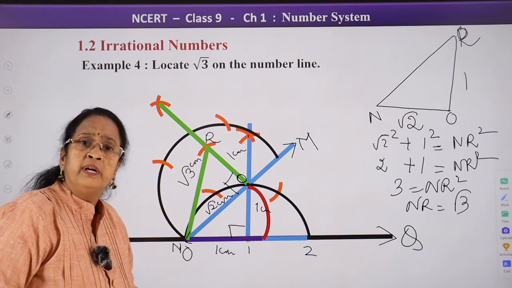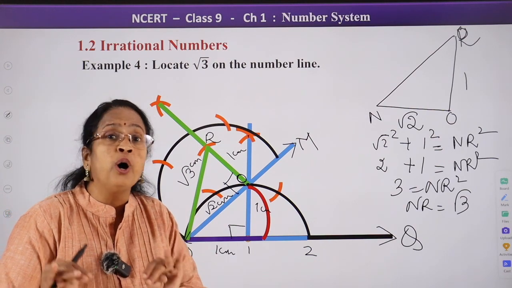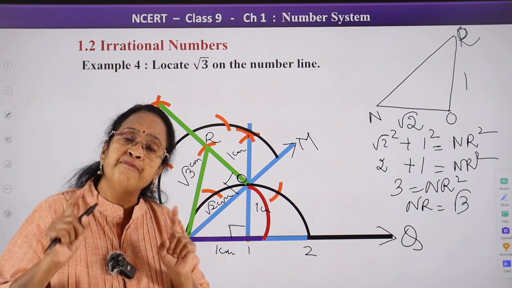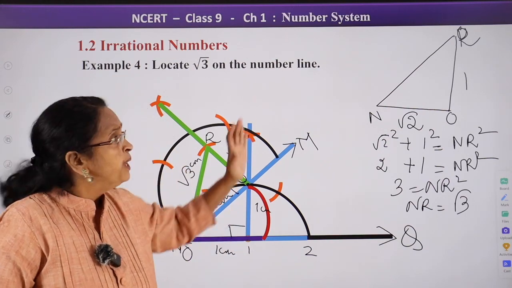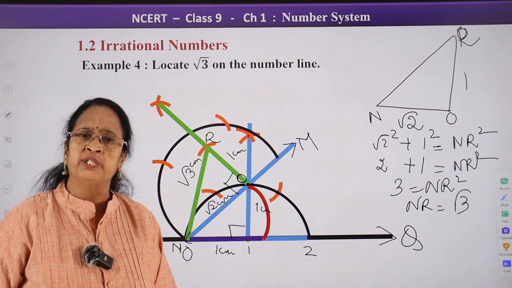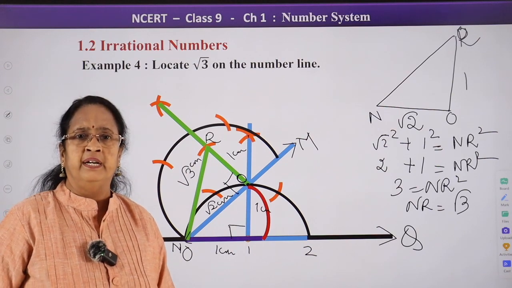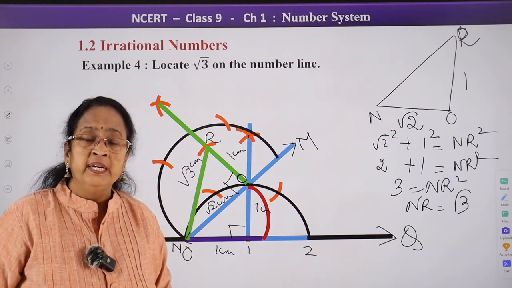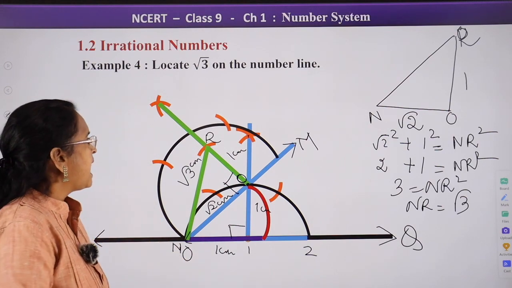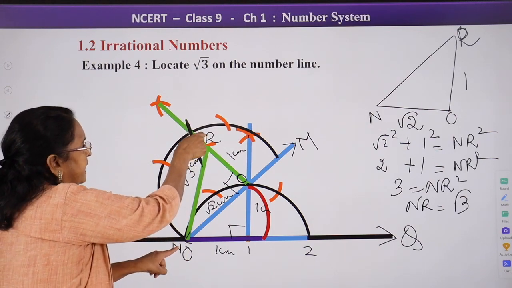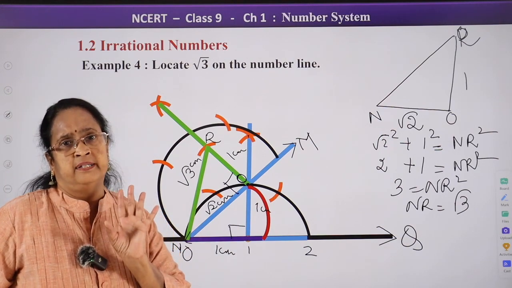Alright. Now, it is not over yet. We haven't located root 3 on number line. We have marked root 3 only as a construction using Pythagoras theorem. Still, we have to mark it on the number line. How do we mark it? Now, the radius changes, and now your radius is NR.